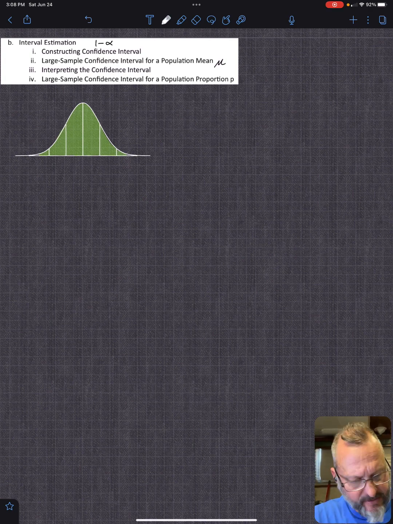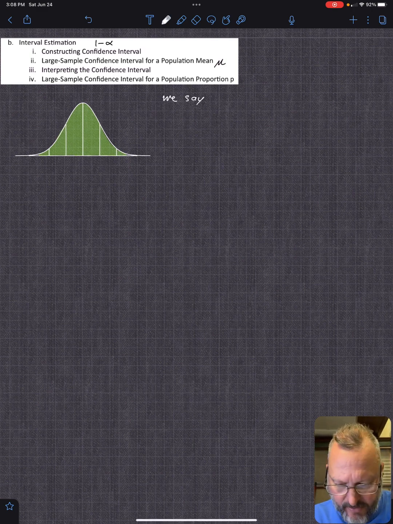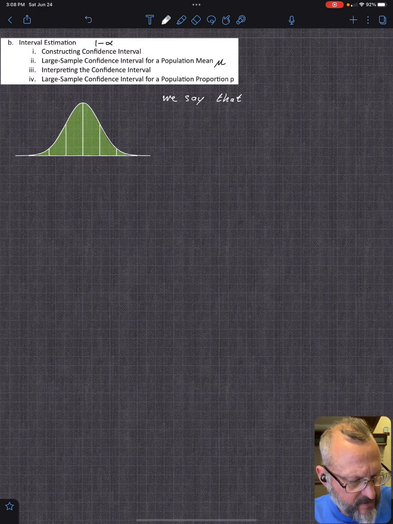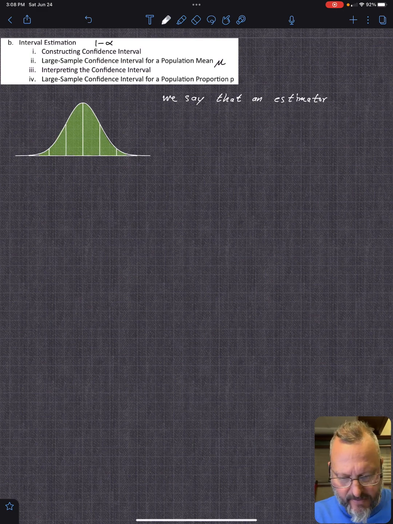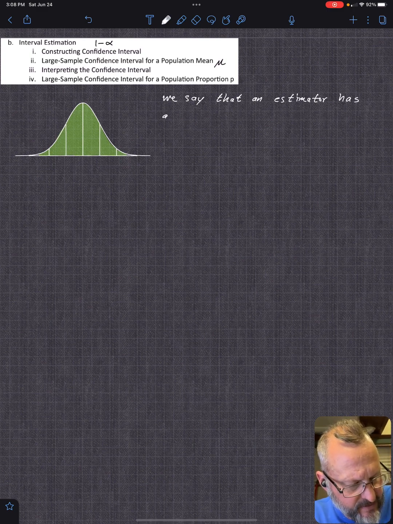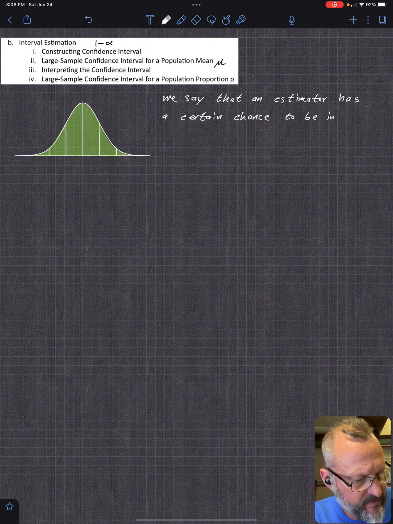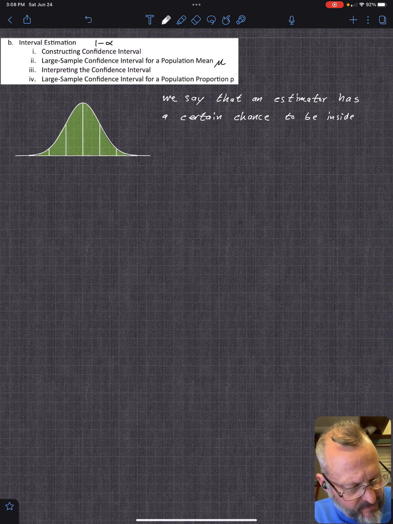The concept is this. You can copy that bell curve in a second, but we say that an estimator, like X bar, has a certain chance to be inside an interval.